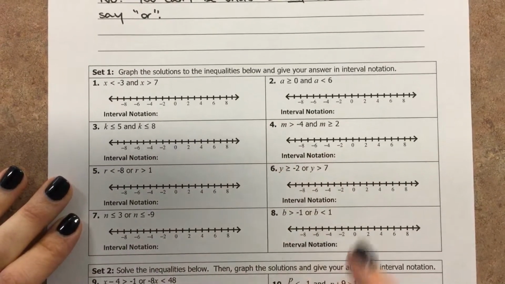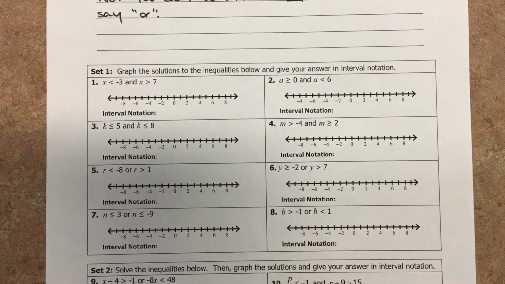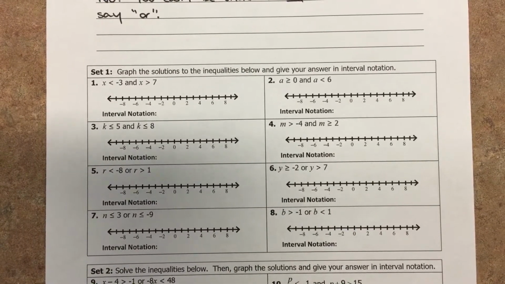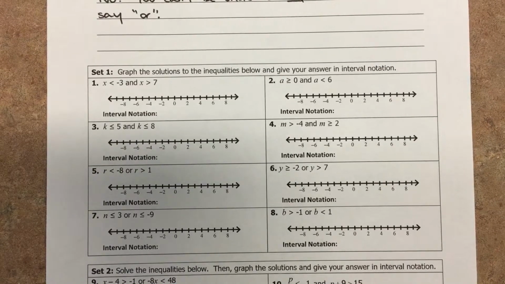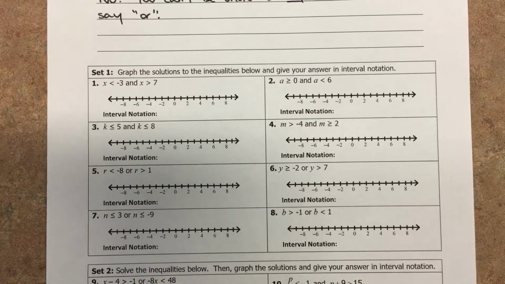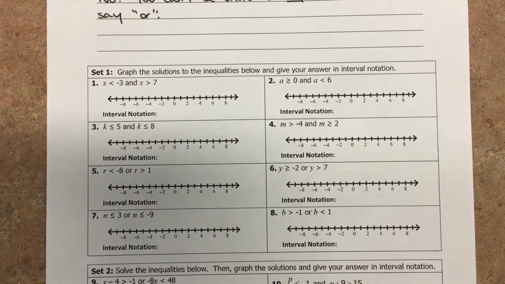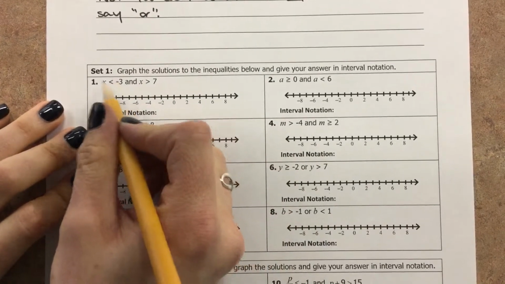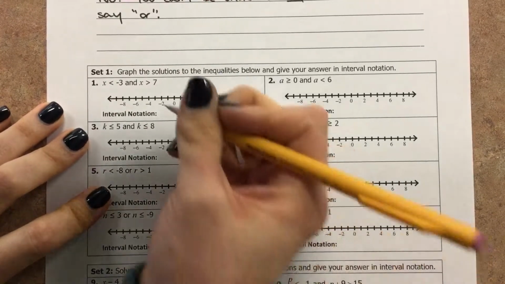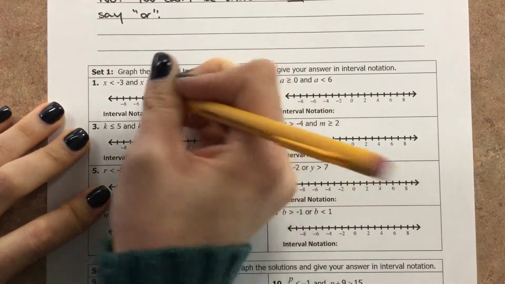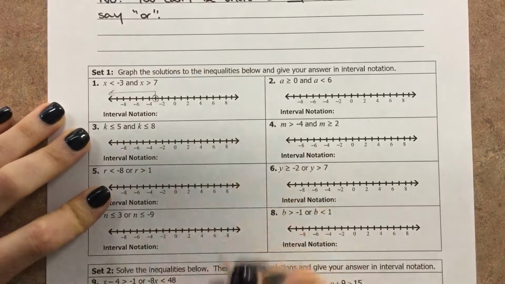So these top 4 have an and. What the and means is you need an overlap between those two sets. All right, so I'm gonna kind of sketch this out in pencil first. So we're gonna wait on our final answer until I'm ready to go over it in pen, right? So less than -3 means -3 and then off to the left.